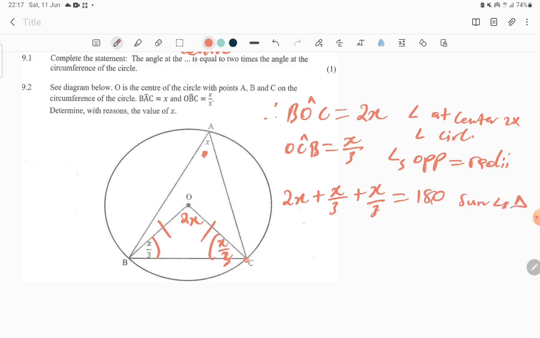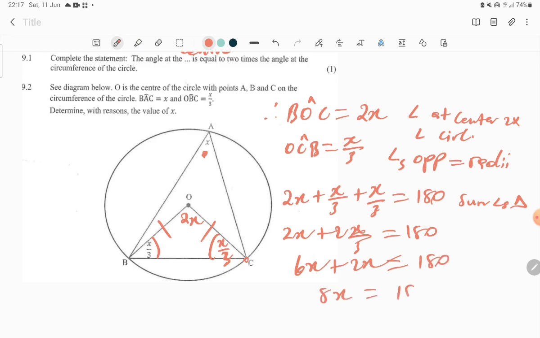That makes 2x plus 2x over 3 equal to 180. Then we multiply by 3 throughout, which gives 6x plus 2x equal to 180. Then therefore we have 8x equal to, we multiplied by 3 throughout.